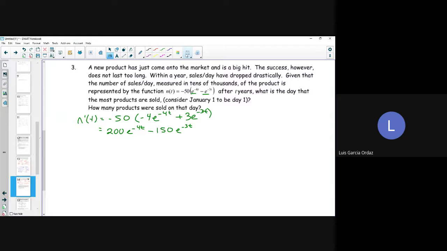So now my greatest common factor is going to be 50e to the negative 4t.